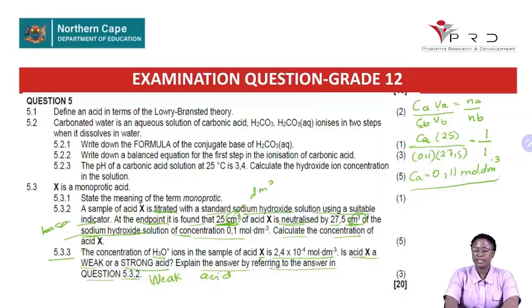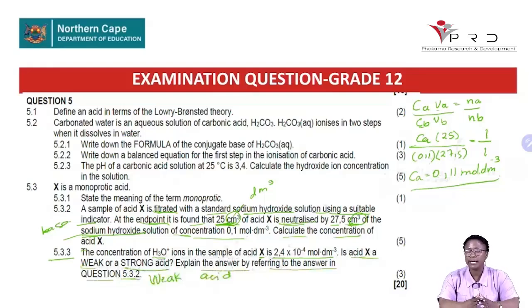Why is it a weak acid? You can see here that the concentration of this acid is 0.11 mole per decimeter cubed. But when you look at the concentration of the hydronium ions in the sample of the acid, it's 2.4 times 10 to the power negative 4 mole per decimeter cubed. That tells you that the concentration of the hydronium ion is actually lower than the concentration of the acid.